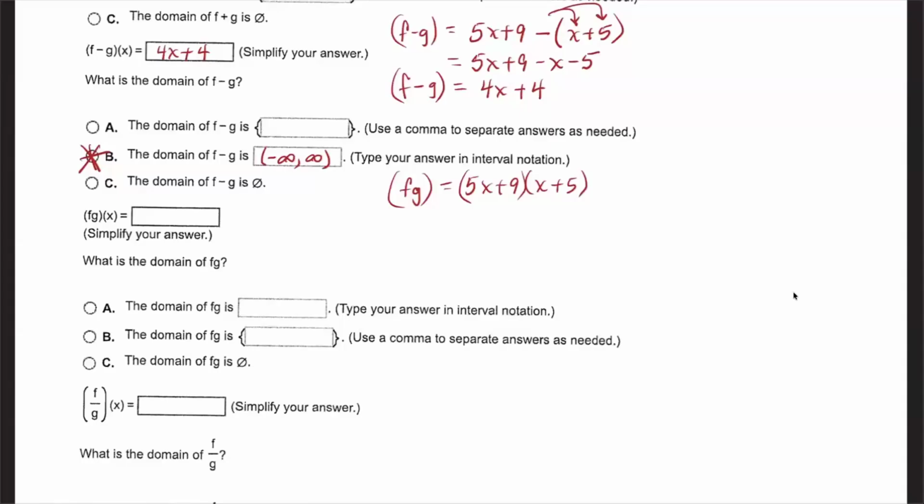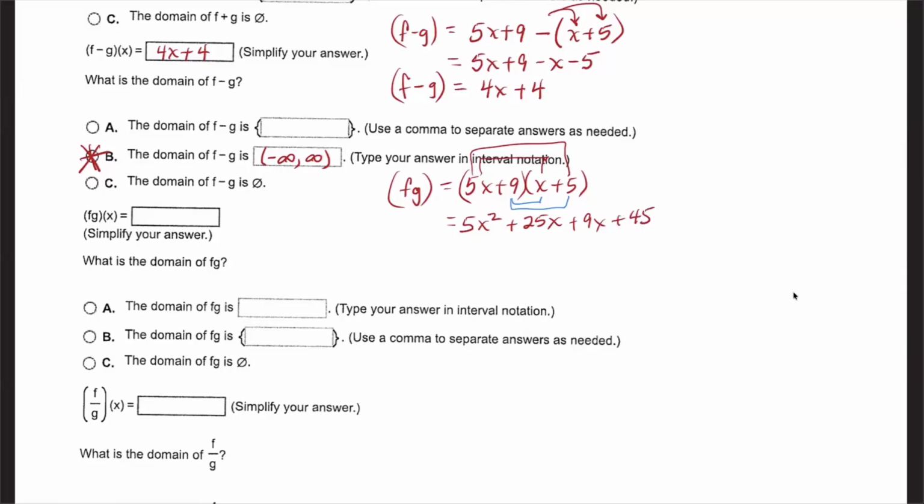So we multiply 5x times x, that's a 5x squared. And 5x times 5 is a 25x. Then 9 times x is 9x. And then 9 times 5 is 45.